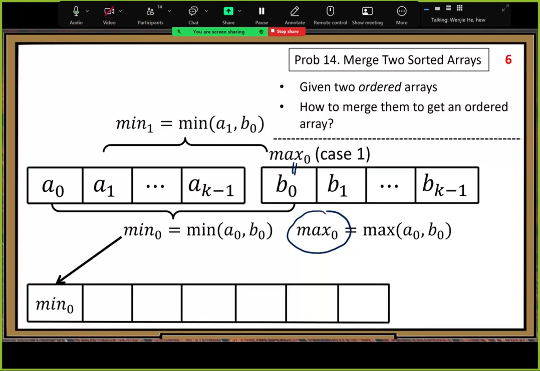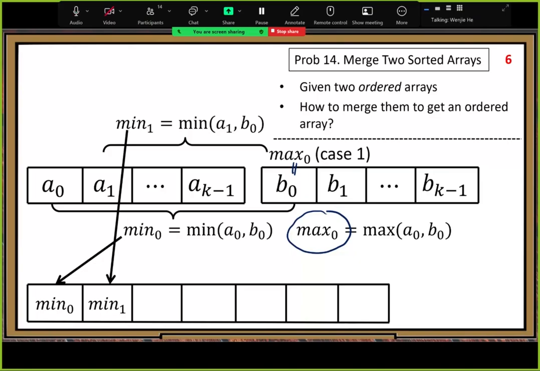The smaller one we call min 1, and we can put min 1 in place just after the second comparison. Then the larger one, max 1, we need to compare with another element. So we keep doing it this way.